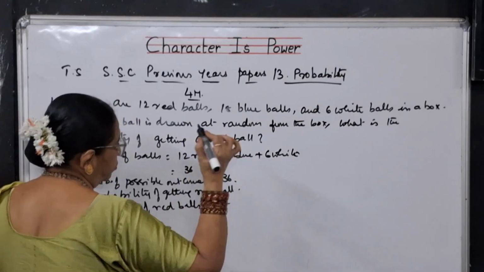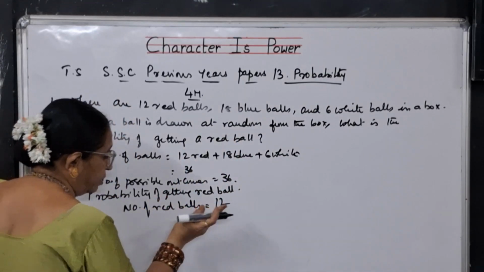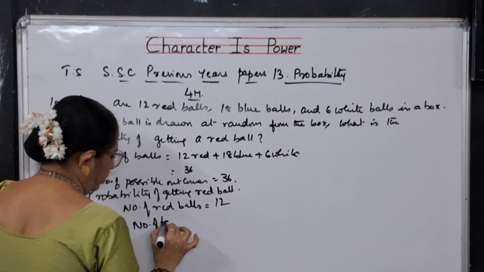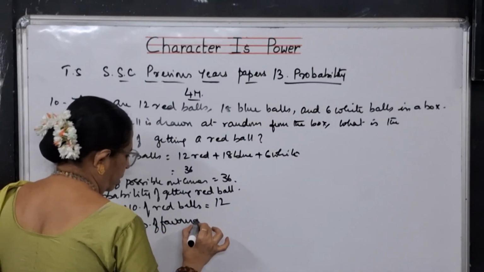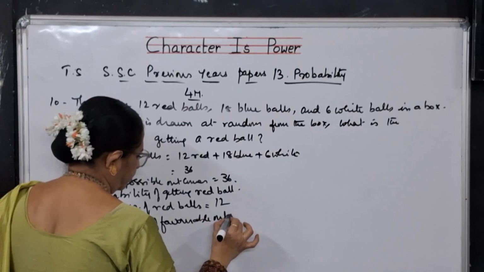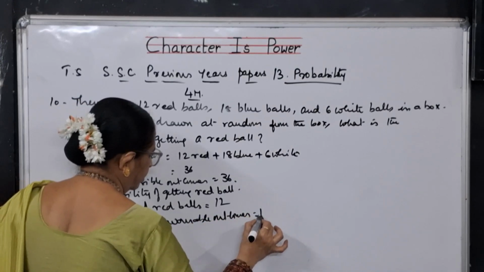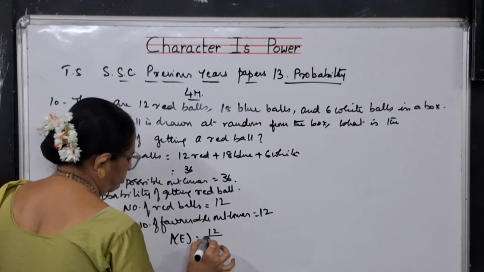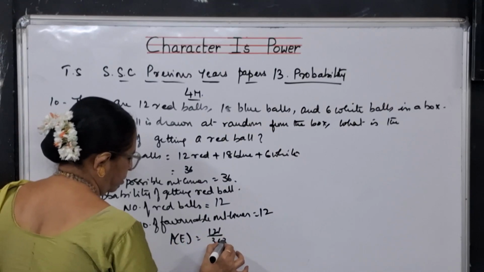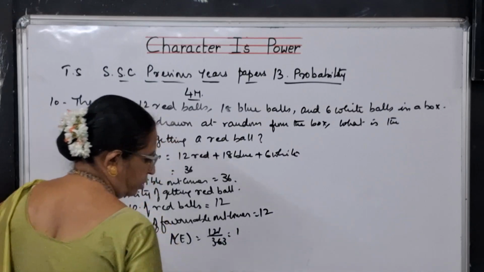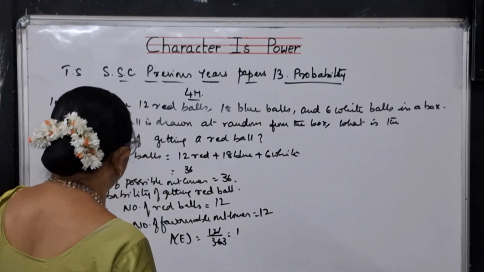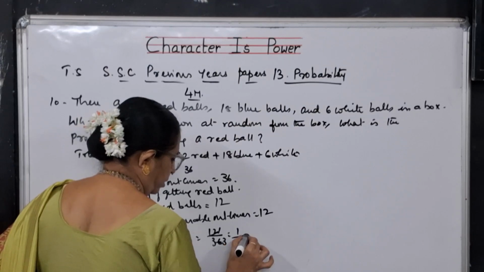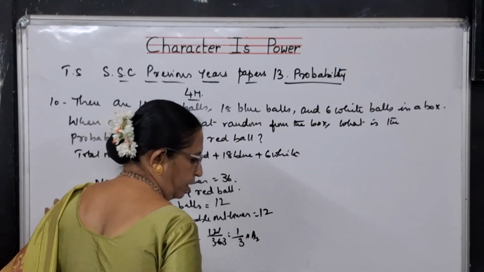If they said not, we are not supposed to take a red ball. But here they said red. So the number of favorable outcomes is 12. So what is P of E? 12 by 36, which is 1 by 3. This is the answer, children.